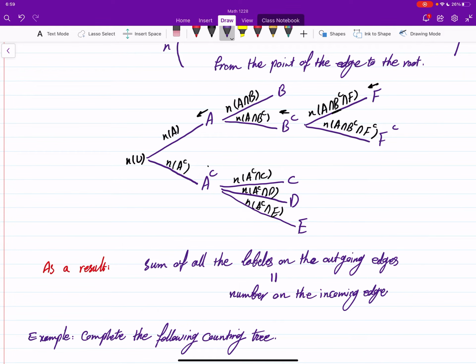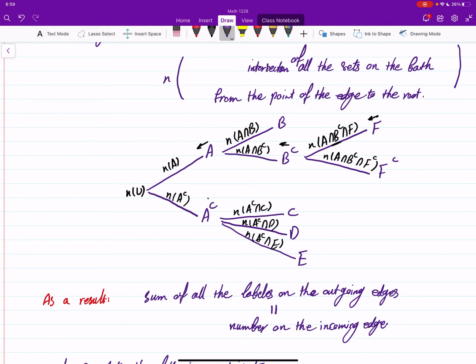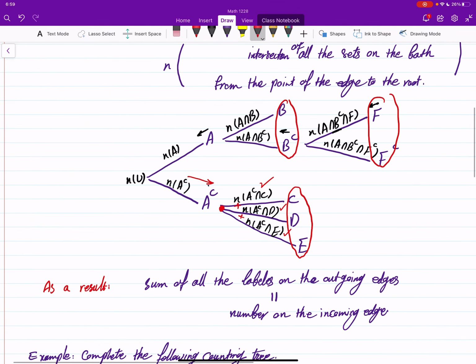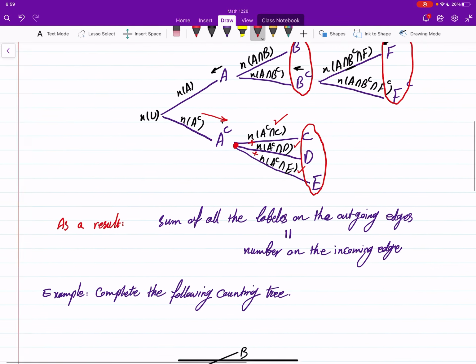This is a result of choosing these sets to be a partition. For example, the numbers 1, 2, 3 are on the outgoing edges of this point. This is incoming, so it must equal the sum of those three numbers. Let's see this in some examples; these are the rules we will use all the time.